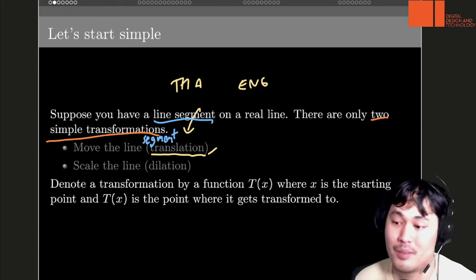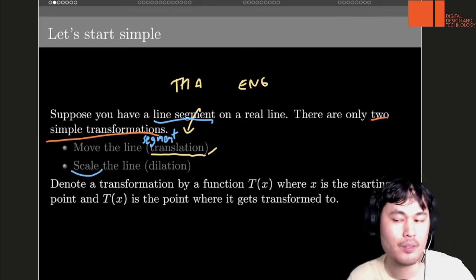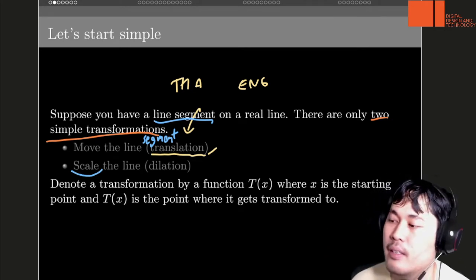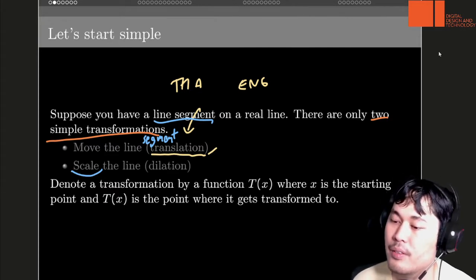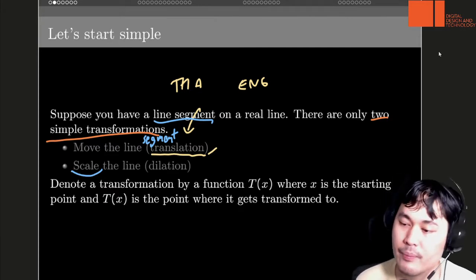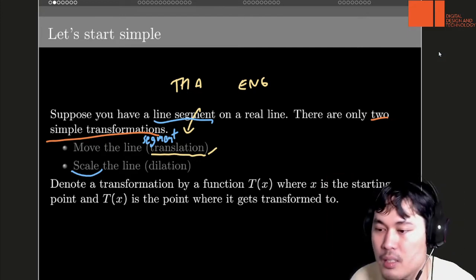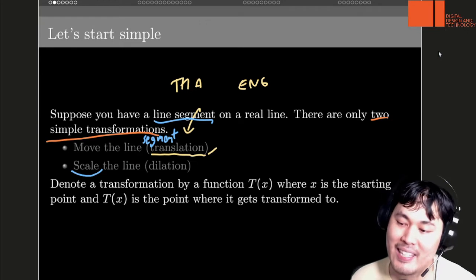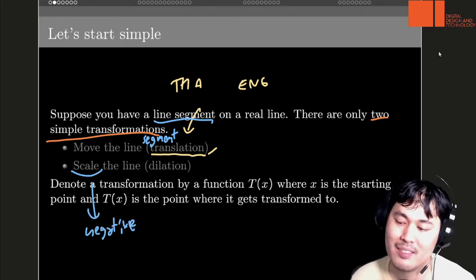And another option is to scale the line. And scaling is just like you scale an image in an application or on your laptop, when you scale it up or down. Scale up means you get a larger image. Scale down, you get a smaller image. You can also scale by a negative number. We'll go over it a little bit.